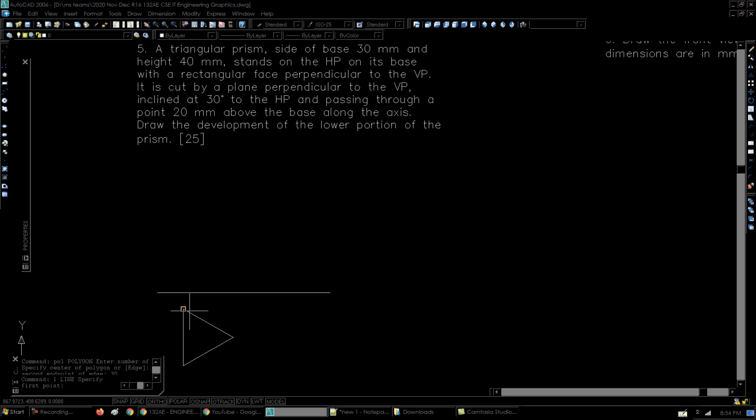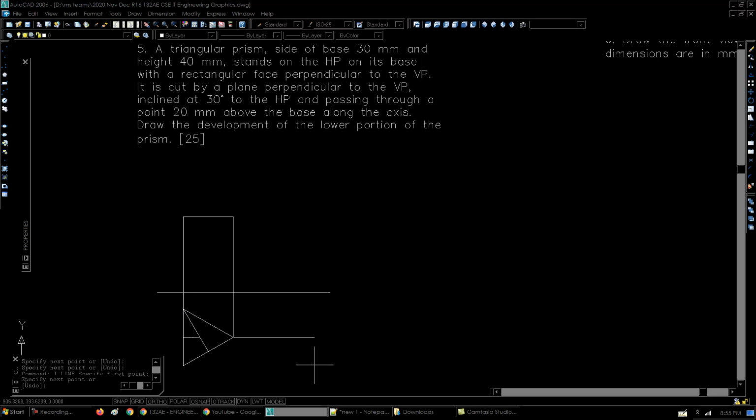Next, I just have to draw the front view of the prism. The height of the prism has been given as 40 mm, so I'll just go ahead and draw this and complete its front view. So this here is the front view of the prism, this here is the top view. Now we might need to draw the axis of this prism as well.